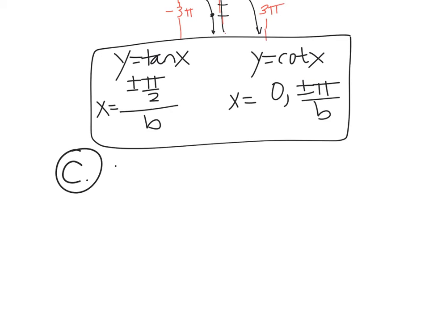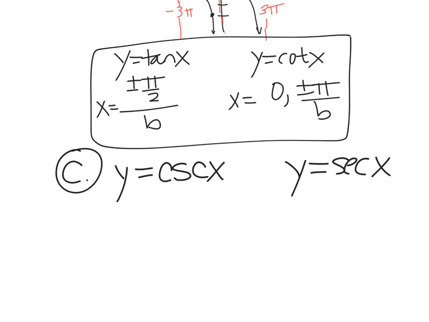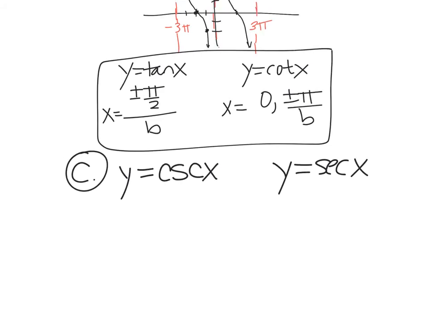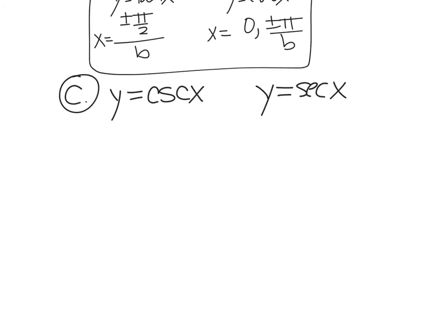Okay, so cosecant and secant and all this stuff. If we graph y equals cosecant x and y equals secant x, what we're really going to do is graph sine and cosine instead and then fix it. Let me show you the basic graphs for cosecant and secant.